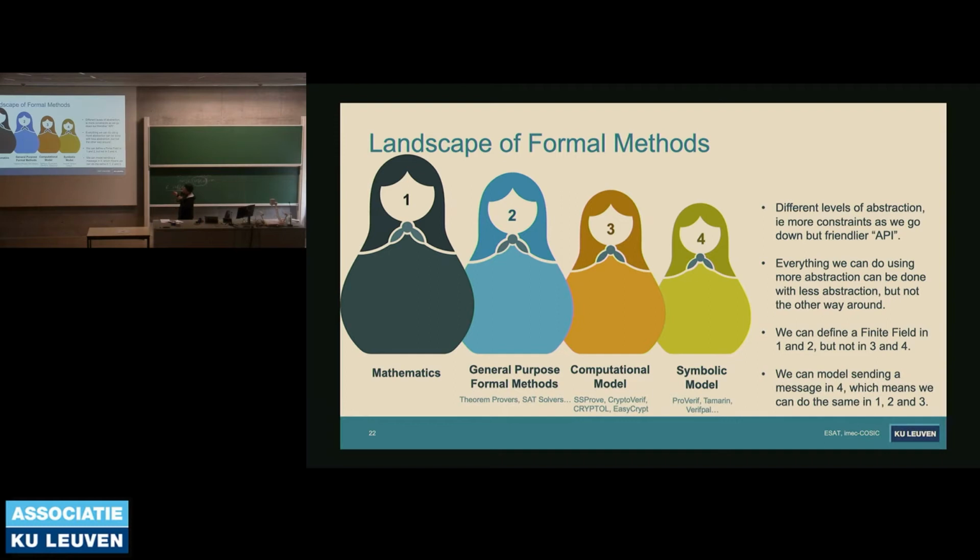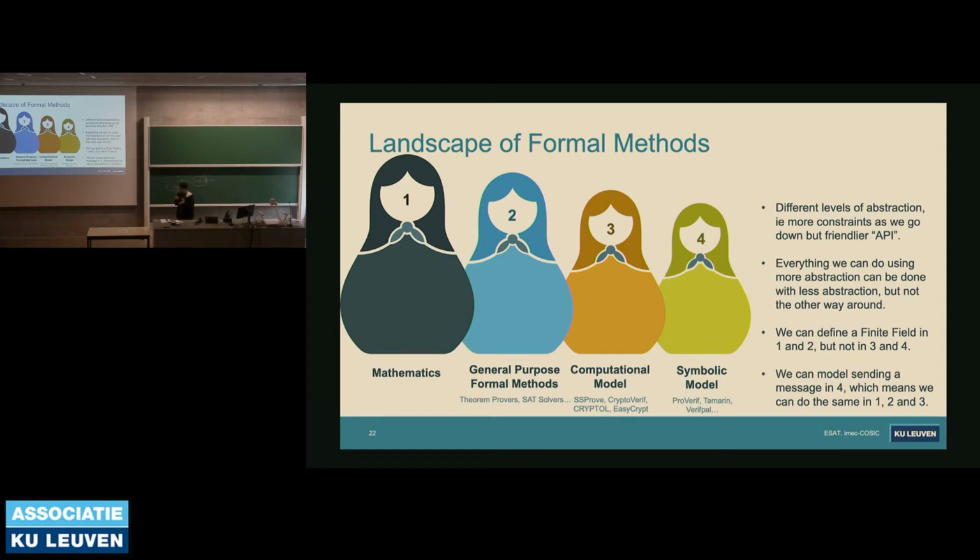So this is kind of a landscape of formal methods, like Russian dolls that go into each other. We have mathematics as a whole, the mathematics we all know. Then there are general purpose formal methods tools that we use in computers. These are programs that have at their kernel the mathematical framework that we're employing, and proofs about the framework itself, so that it relates to what we know in real life.